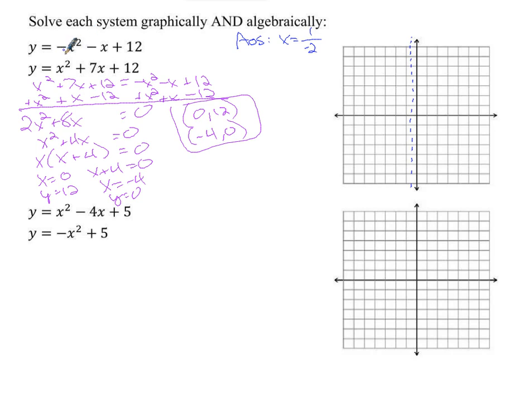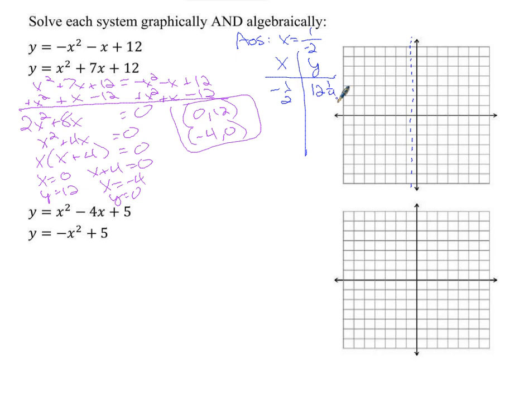So we have negative 1/4 sitting there. Then we have negative 1/2, which makes positive 1/2. So we have negative 1/4 plus 1/2. Positive 1/4 plus 12. 12 1/4. So I'm going to make my table here, x and y. I just plugged in negative 1/2, and I have positive 12 1/4.